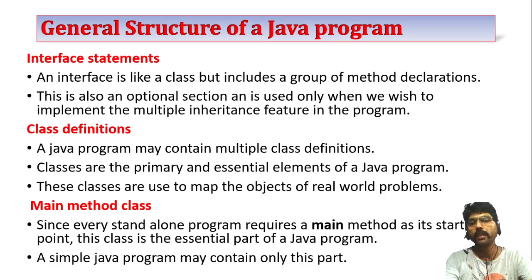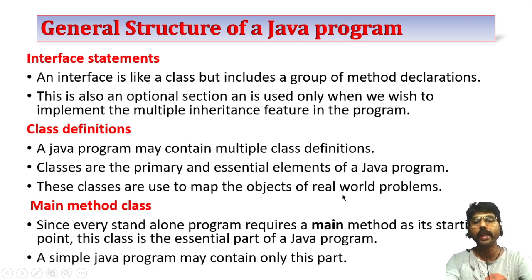Next one is called the main method class. All these classes, the class definitions, are optional here, but I need at least one class called the main method class in my program. The main method class is the one which contains the method called main. Our interpreter always starts by executing the main method.